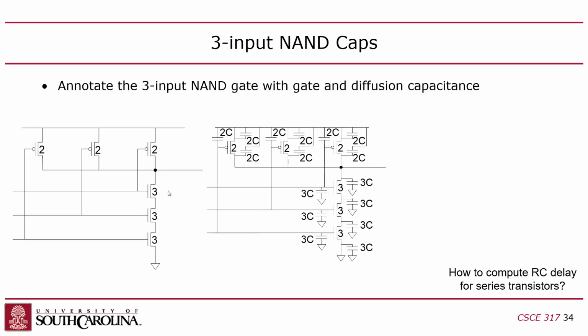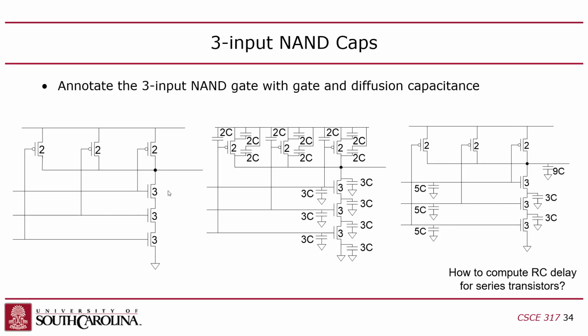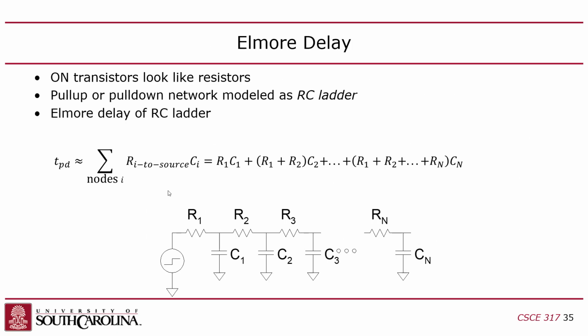Okay, so basically, the way you do it is you use a technique called Elmore delay. Elmore delay is when you model the pull down or the pull up network as an RC ladder, meaning that you have a circuit that looks like this.